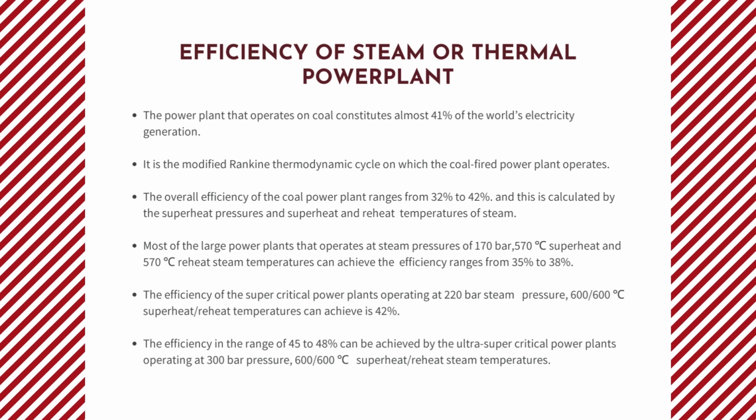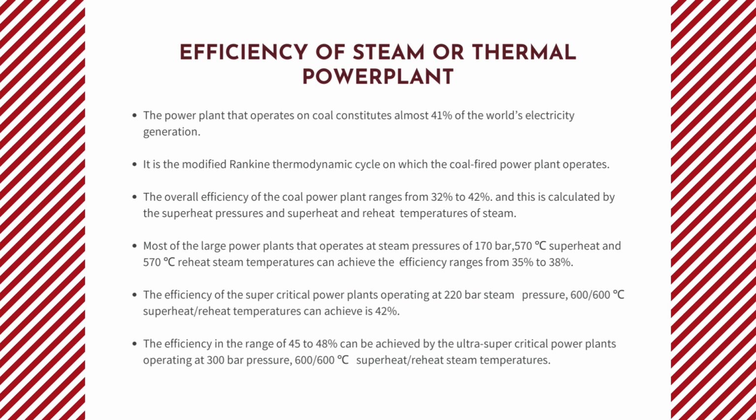Most of the large power plants that operate at a steam pressure of 170 bar, 570 degree superheat and 570 degree reheat steam temperature can achieve efficiency ranging from 35 to 38%.